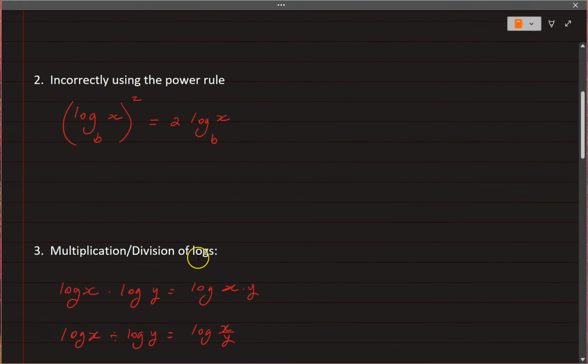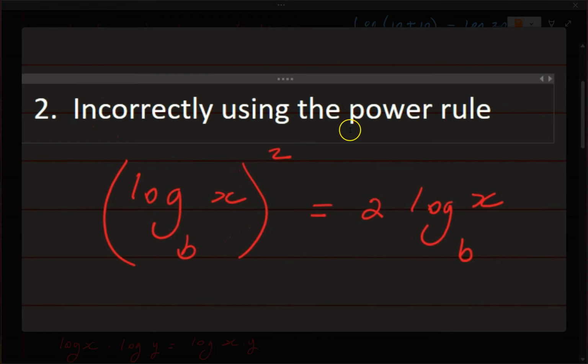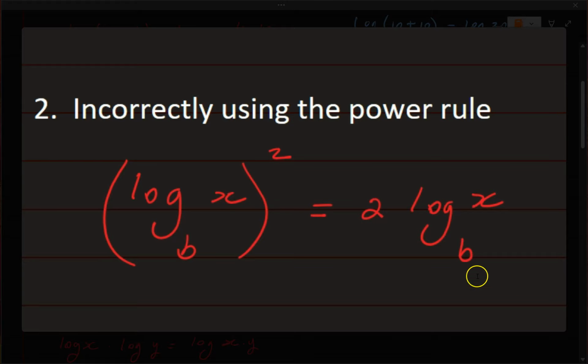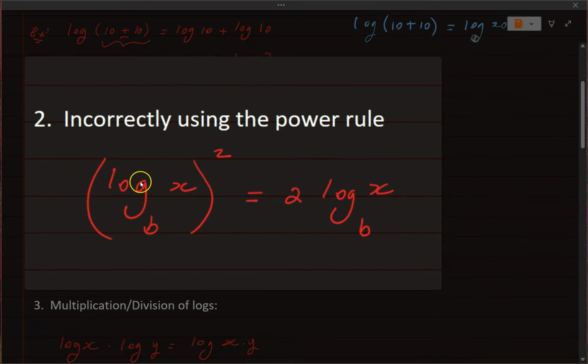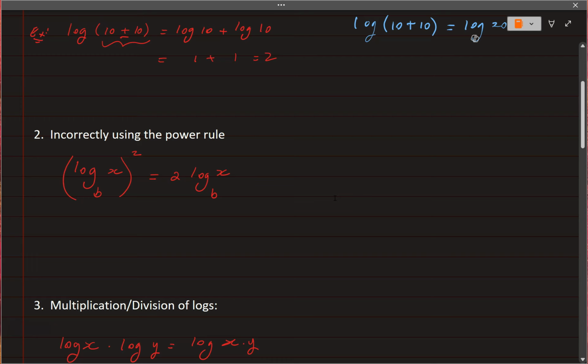The second one: incorrectly using the power rule. This is super common, by the way. The original law is this: log of x squared base b is 2 log of x base b.